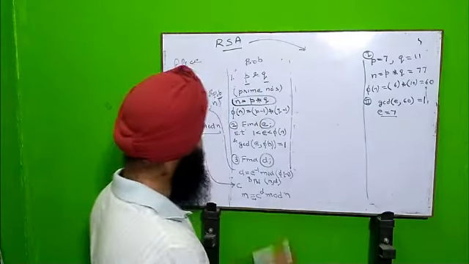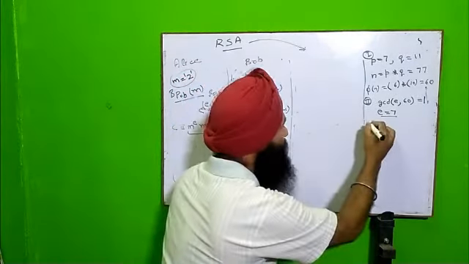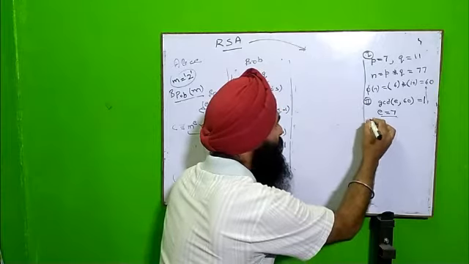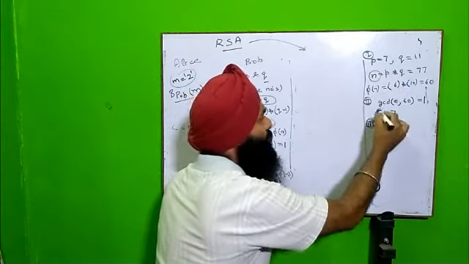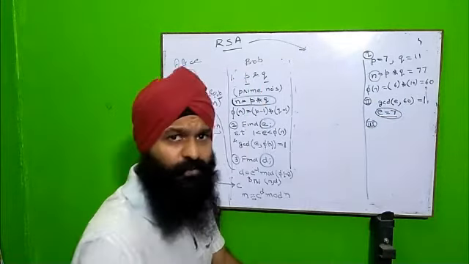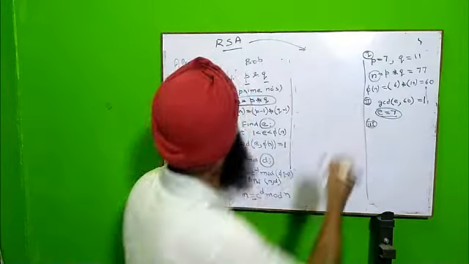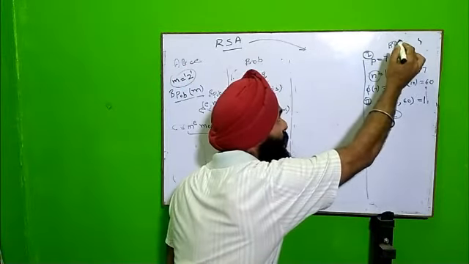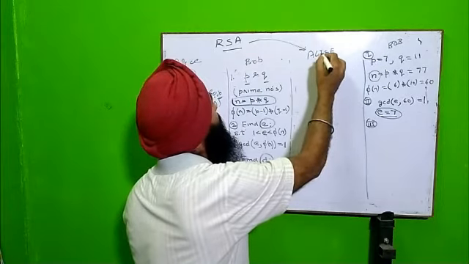So now let's find d. Our third step is to find d. With e and n, we make the public key. And d and n would be our private key for Bob.